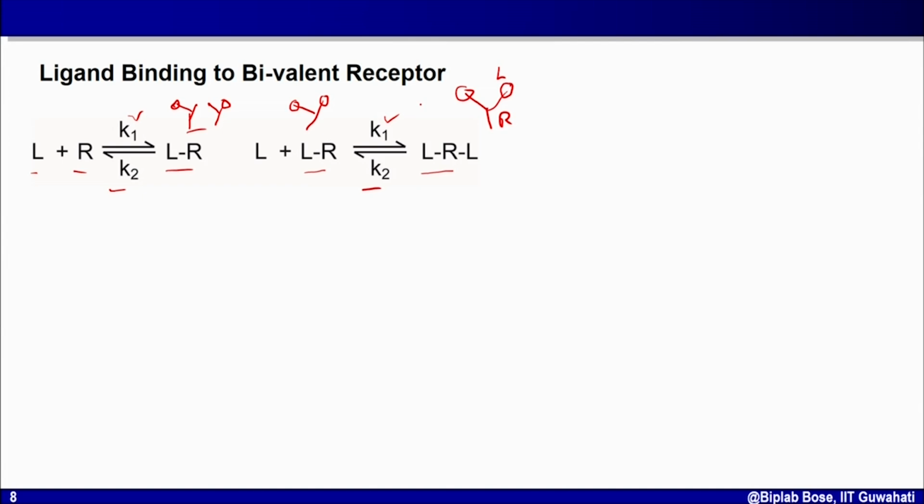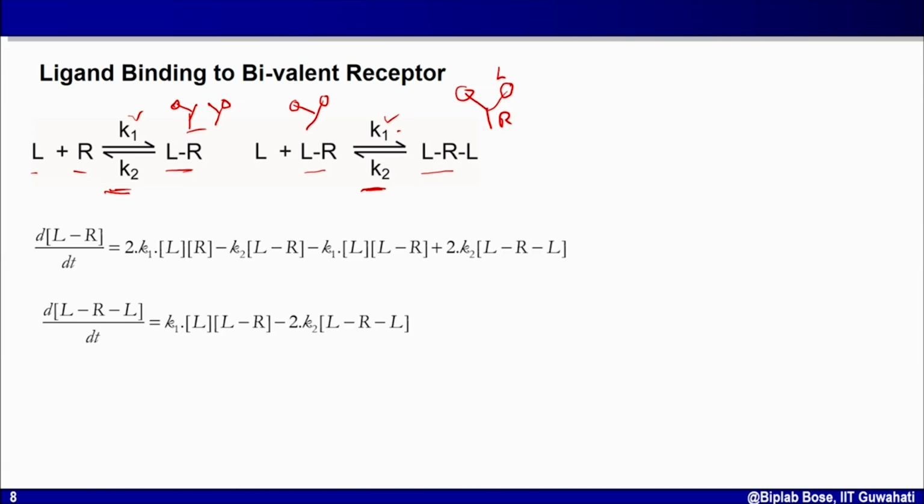Similarly, the reverse rate constant from LR to L and R is K2, and the same rate constant is there for dissociation of LRL. So this K2, this K2, this K1 are the same. In reality they may be different, but for simplification and discussion here in the class I have considered them the same.